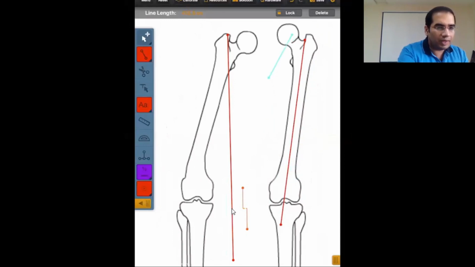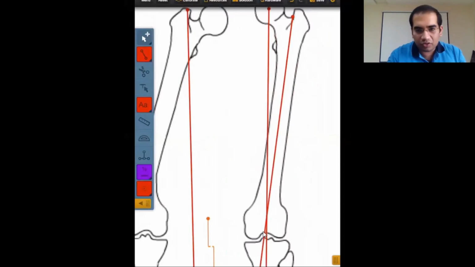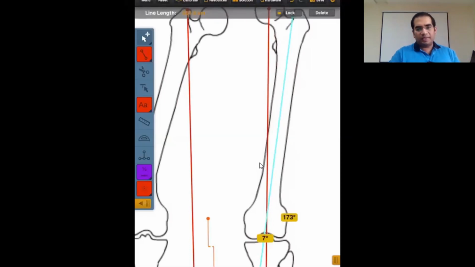The mechanical axis starts from the center of the femoral head to the apex of the femoral notch. And these two do not join at the apex. They join at a level above because the anatomical axis line is slightly medial. And the angle they make is 7 degrees. In this case, it is called the anatomical mechanical angle.